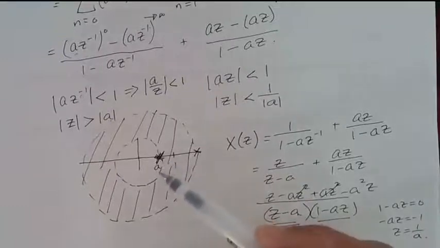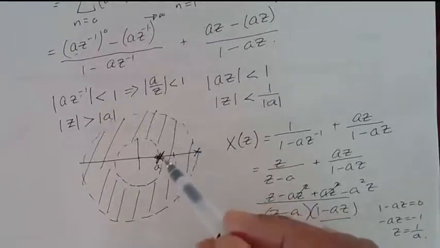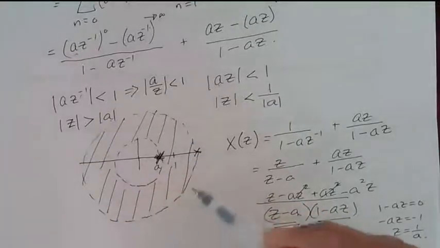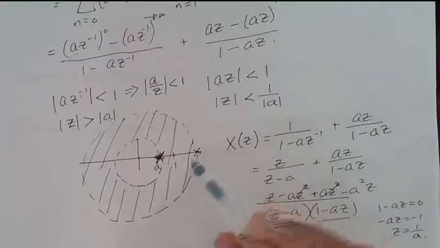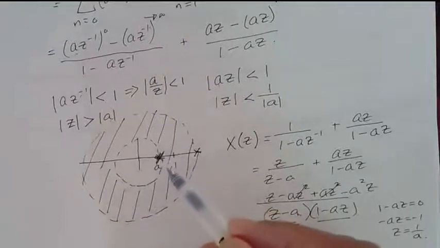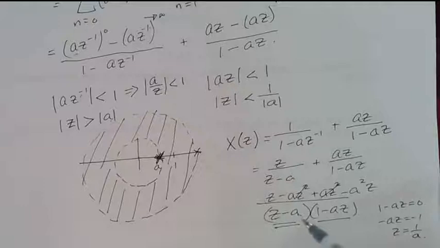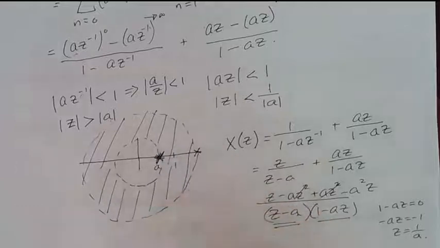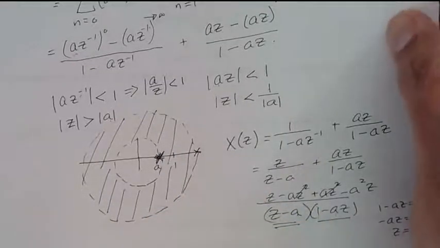If I have a two-sided sequence, then the region of convergence that I get is going to be between two circles, and the radius of those circles will be defined by the magnitude of the poles. Always, the poles define the boundary of the region of convergence.